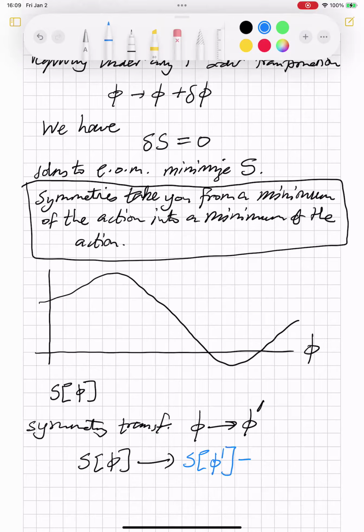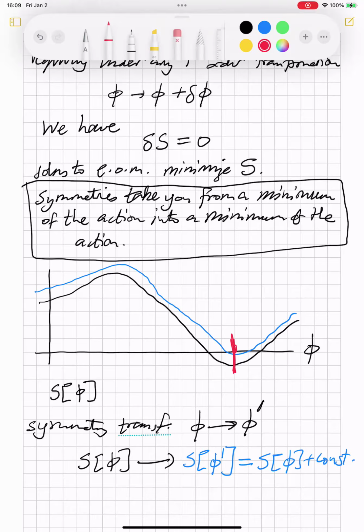And if this is S of phi plus a constant, then what would we have? Well, maybe this curve shifts up by a constant. So something like that. My drawing is not great, but the point is, if it shifts up by a constant, then you can see the minima for the blue curve and the black curve lie at exactly the same point, because they're just a translation in the vertical direction with respect to each other.